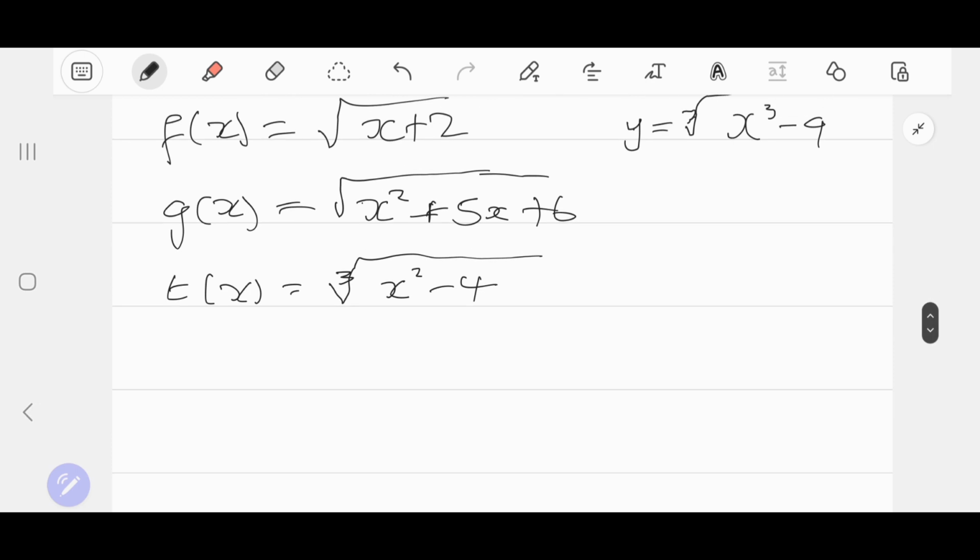Check this. You check whether the root sign is of even or odd. That's the first thing that you need to do.